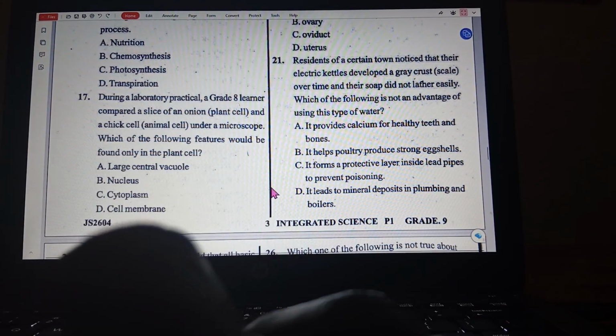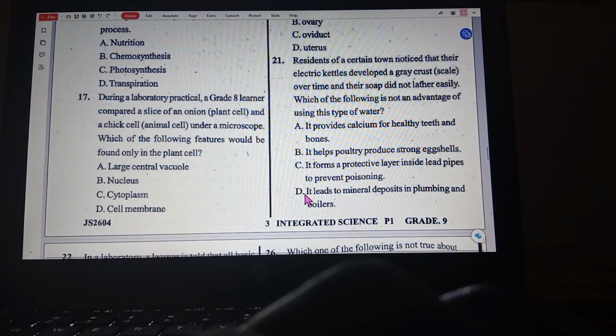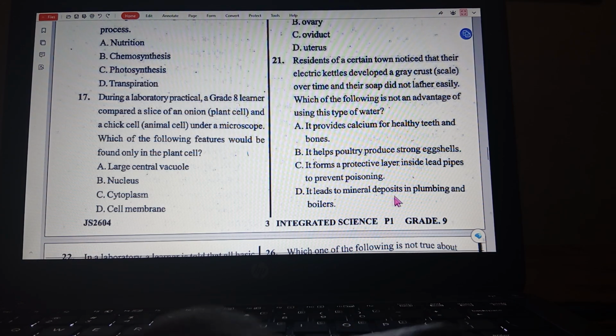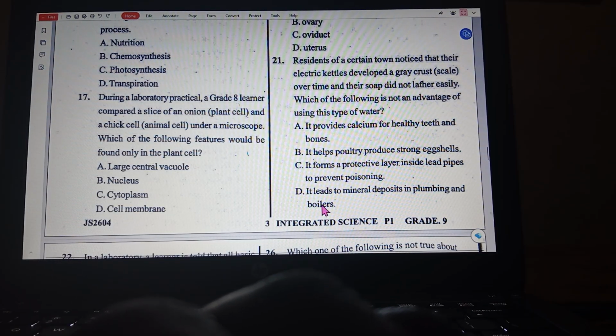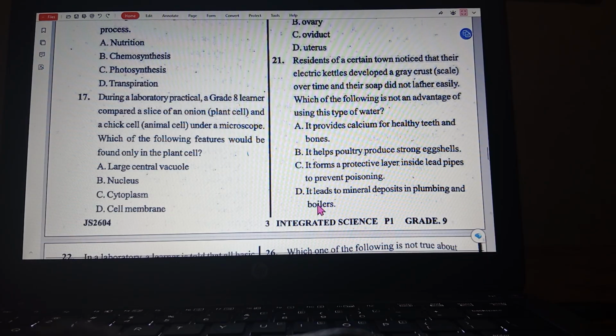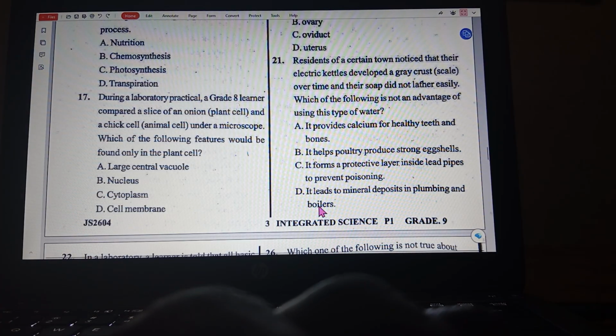No, this is a disadvantage. Why do we say that this is a disadvantage? Because when it forms deposits in plumbing and boilers, it reduces the ability of boilers to conduct heat effectively. Remember, boilers are used for heating purposes, so they must be good conductors of heat. Now, the deposit of minerals in boilers reduces the ability of these boilers to conduct heat effectively.